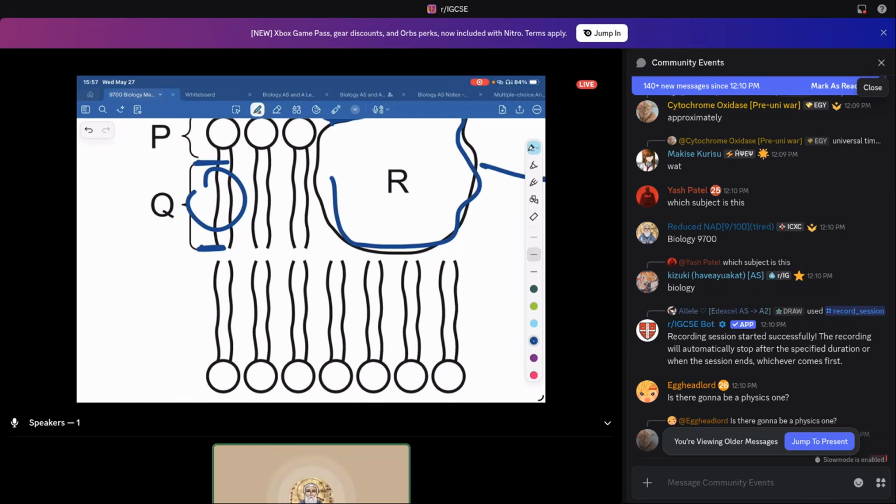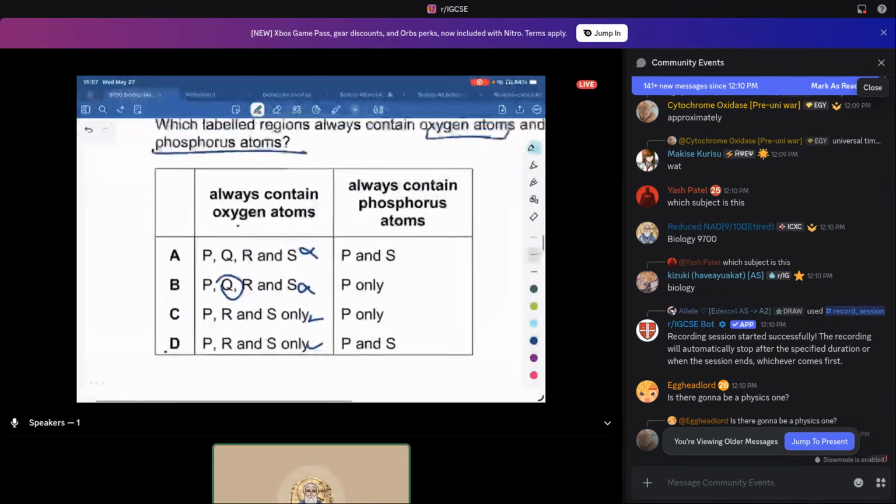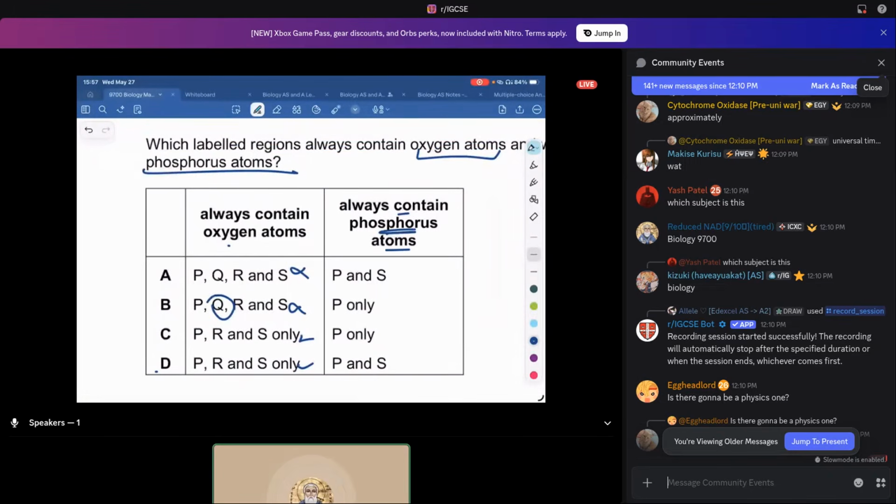It's just C bond H bond C bond H, C bond H, C bond H. Whether there is a C double bond C or not, it is still just a hydrocarbon chain. Hydrocarbon, again from IGCSE chemistry, is an organic compound that contains hydrogen and carbon only. So Q does not. So the answer is either C or D.